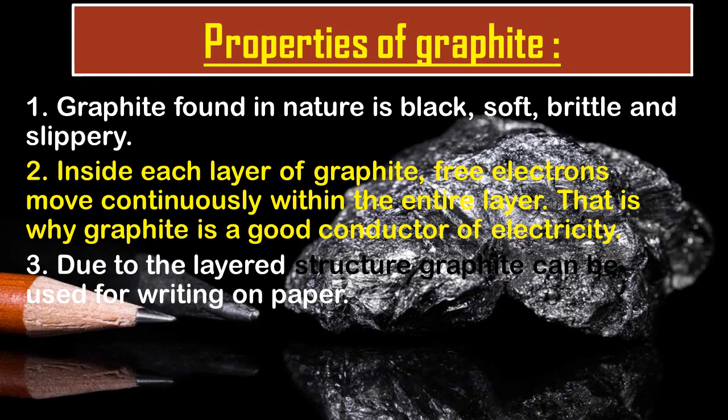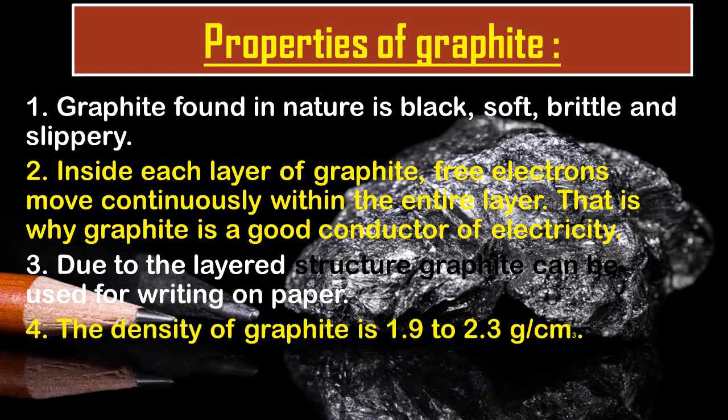The next property is that, due to its layered structure, graphite can be used for writing on paper. In the previous slide we saw that graphite is made up of many sheets or layers of carbon atoms, and due to this property graphite can be used for writing on paper. We use pencils now, and the lead in a pencil is made of graphite. The next property is that the density of graphite is 1.9 to 2.3 gram per centimeter cube.